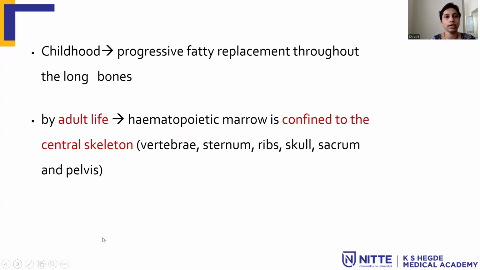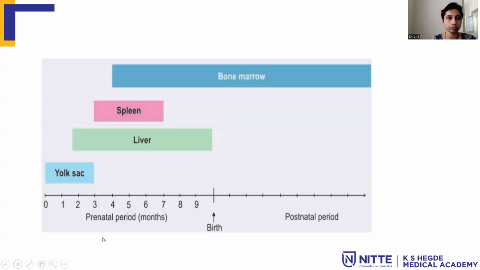In childhood, there is progressive replacement of this bone marrow by fatty tissue. By adult life, the hematopoietic marrow is confined to the central skeleton only. This includes vertebrae, sternum, ribs, skull, sacrum and pelvis, and the ends of a few long bones.